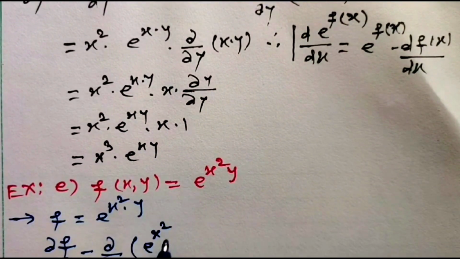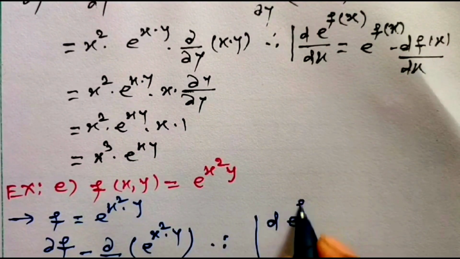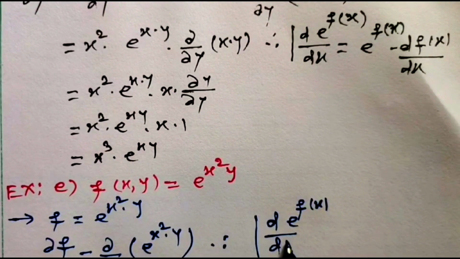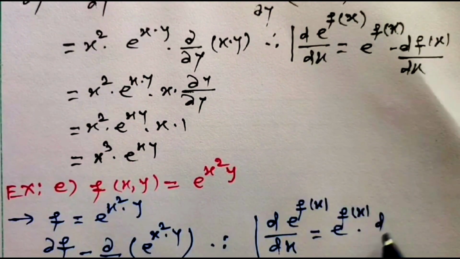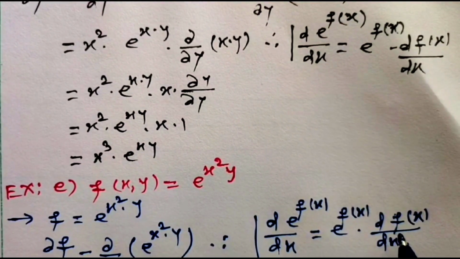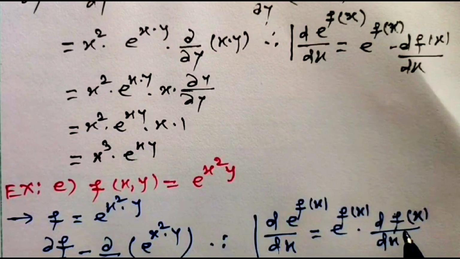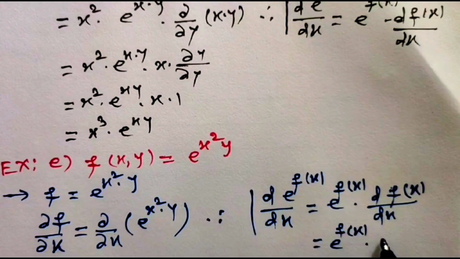x square y. But you know this formula, the derivative of e to the power f of x with respect to x is equal to e to the power f of x into the derivative of f of x with respect to x, which we can write as f dash x. So this is equal to e to the power f of x into f dash x.